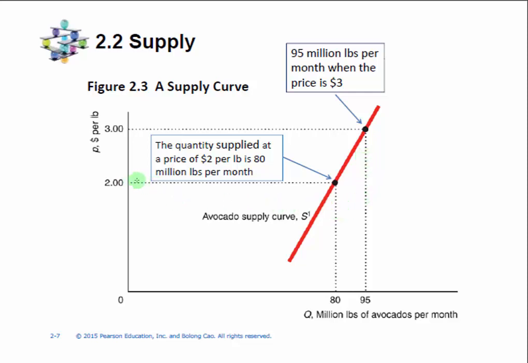In this picture, at $2 per pound for avocados, there will be 80 million pounds supplied to the market. And if the price increases by $1 to $3 per pound, there will be 95 million pounds of avocados supplied into the market per month. So this is the upward sloping supply curve.